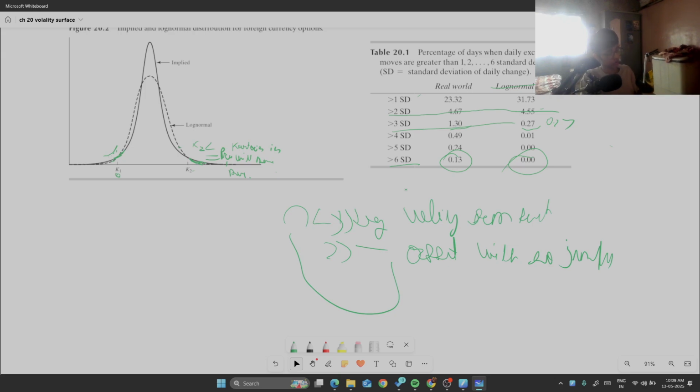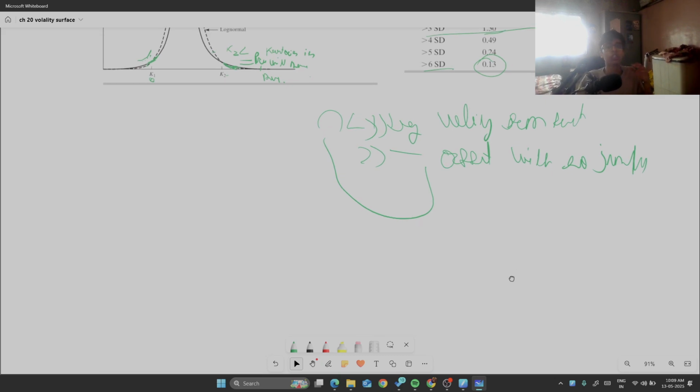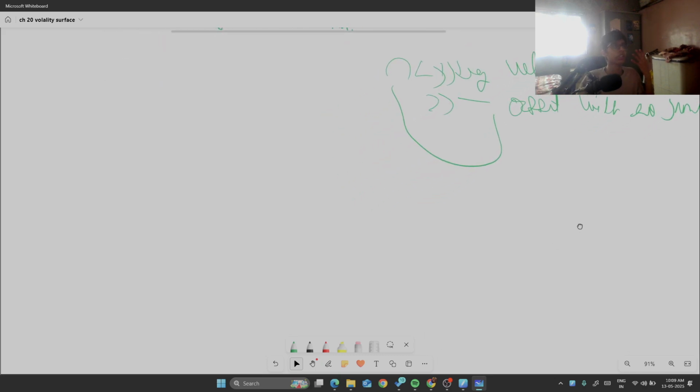That was a pretty good sum up of the volatility smile of currency options.